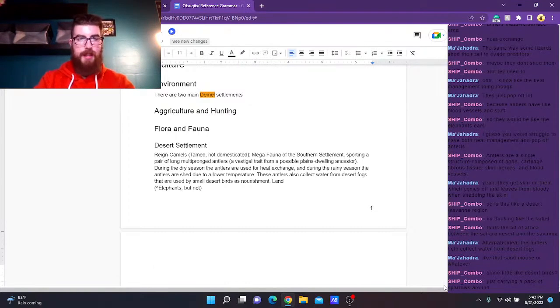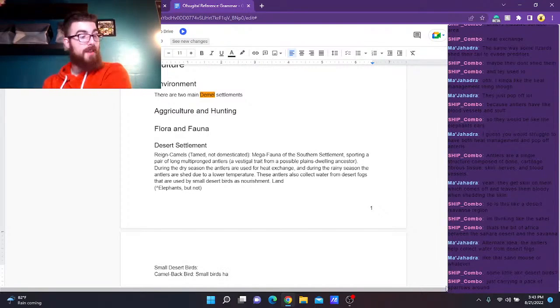We can break desert birds into large and small. And the ones that live on the rain camels, we can give them a name related to the rain camels. So maybe we could call them camelbacks.